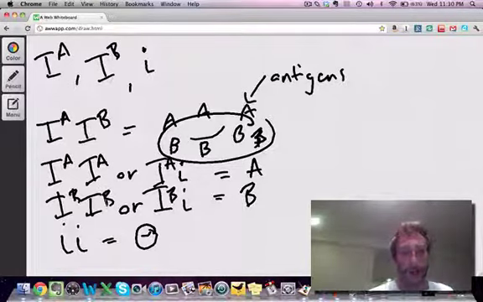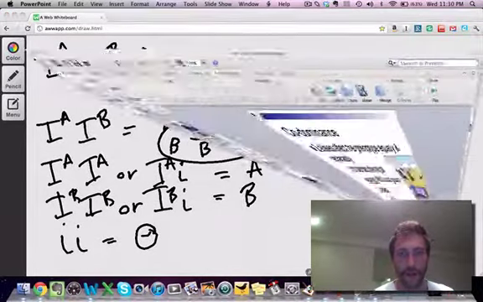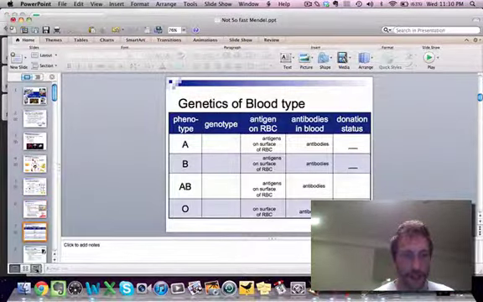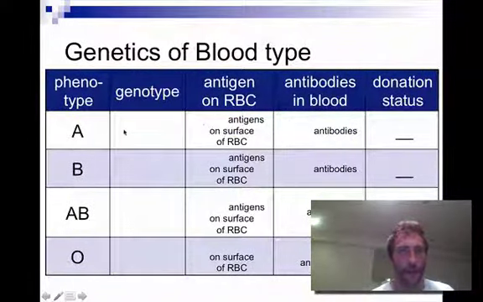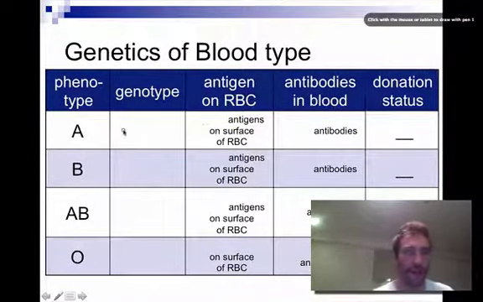Let's quickly talk about the donation status of blood types. Here are our possible phenotypes. Let's fill in these genotypes right now. So we've got the genotype for A blood. You can do this along with me.